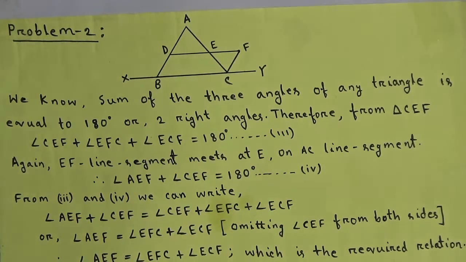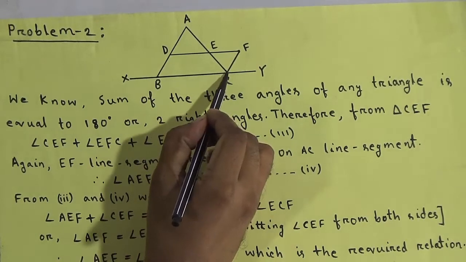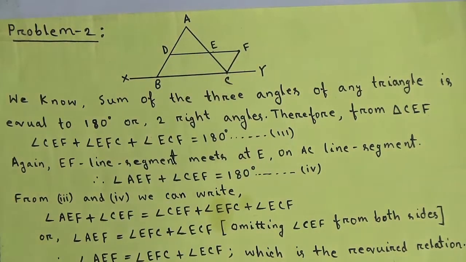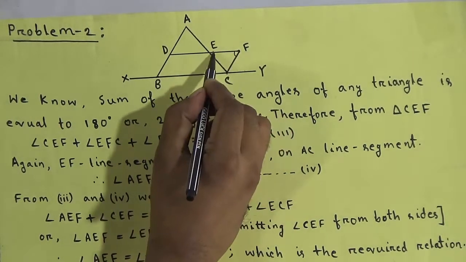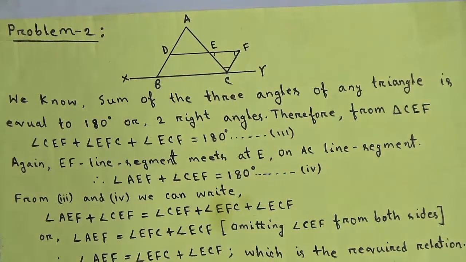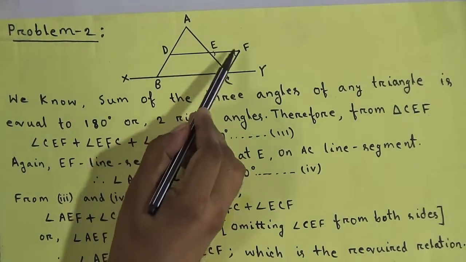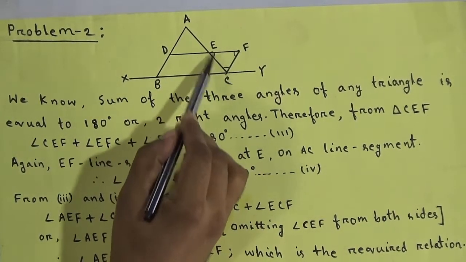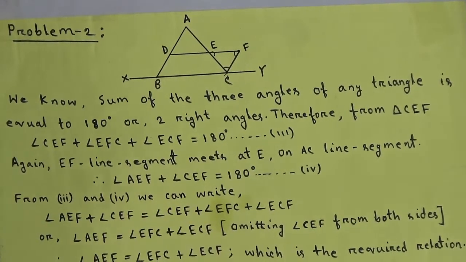Therefore, if we consider triangle CEF, then the sum of these three angles, CEF plus EFC plus ECF, equals 180 degrees.